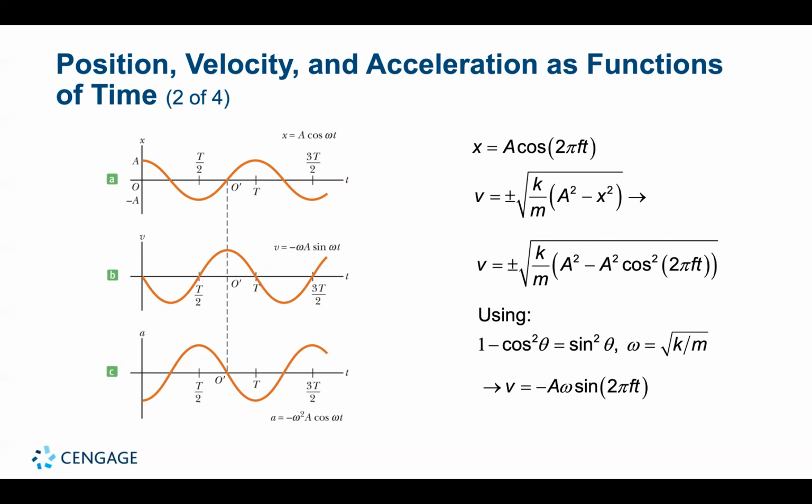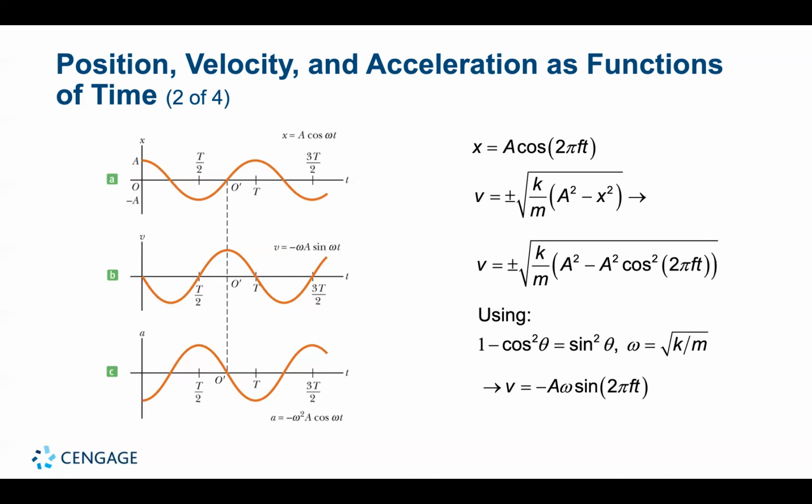So this cosine function represents the position of an object moving with simple harmonic motion as a function of time. The top figure shows a graph of this function. Because the cosine function varies between 1 and -1, x varies between A and minus A. The shape of the graph is called sinusoidal. The middle figure represents a curve for velocity, and the bottom figure represents a curve for acceleration, both as a function of time.